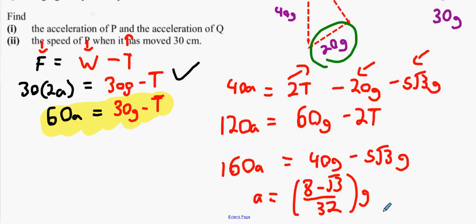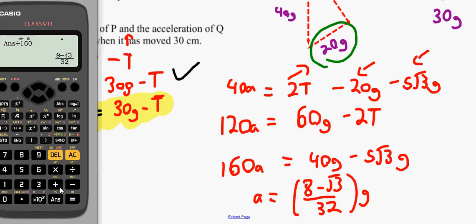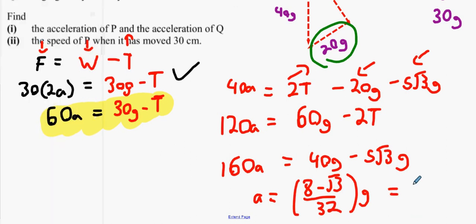I always tend to put in the decimals as well. 1.9196 m/s squared. Alright. I also have to find the acceleration of Q, don't I? Oh, that's easy. You just double it, don't you? Double the answer.